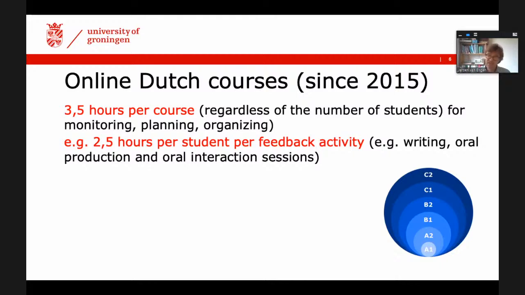As I mentioned earlier, we limited the amount of contact hours in favor of the amount of preparatory hours. But in our online Dutch course, it has more or less remained the same over the 5 years. So we have different teaching roles. We have a coordinator who looks at all different courses, and he or she gets a fixed amount of hours per course.